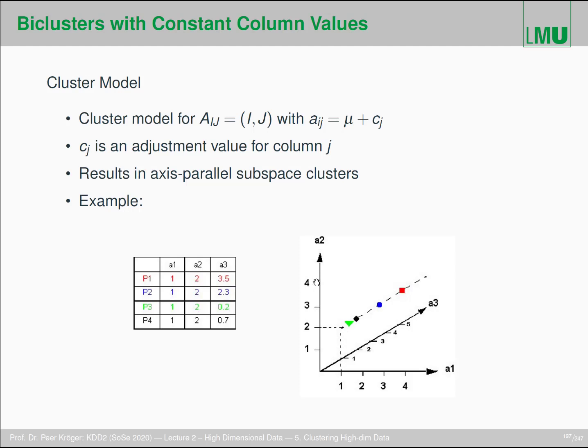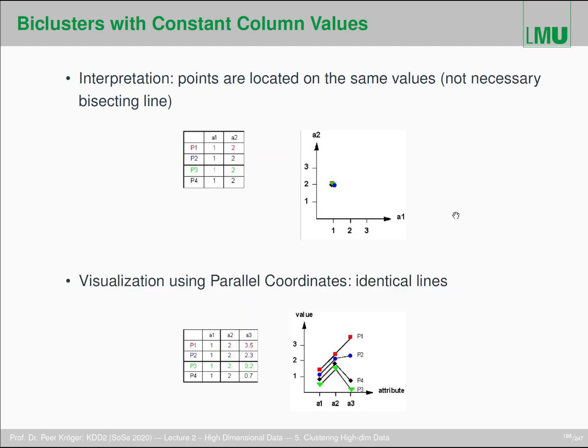And again, we will have a look at the parallel coordinates in the interpretation. The points are located on the same values, like the constant biclusters, but not necessarily on the bisecting line as we had before, because those values can now be different per column and not within the column.